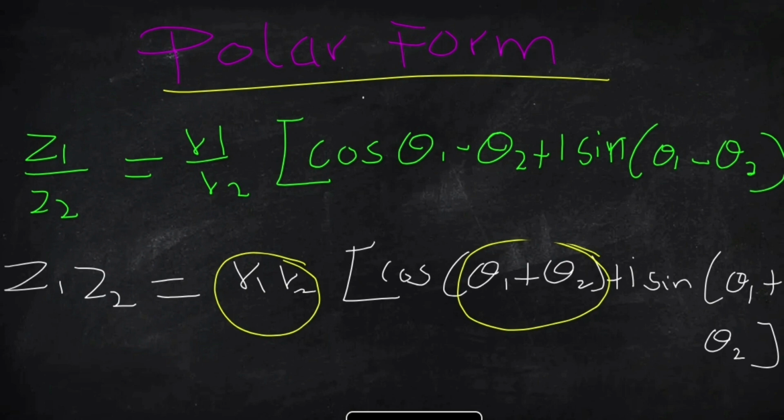This is how to multiply and divide complex numbers in polar form. Let's take an example.